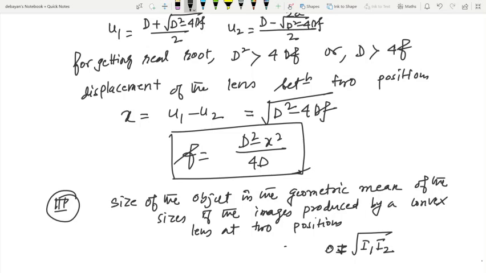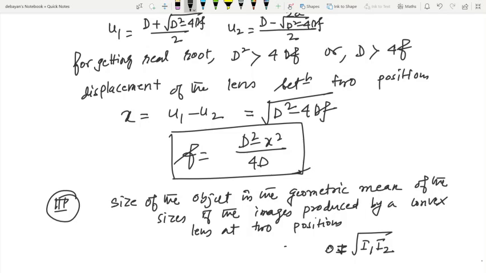Just a simple thing: a particular diagram is given. This is mu1, this is mu2, this is mu3.